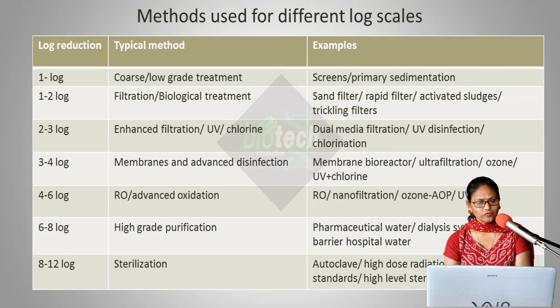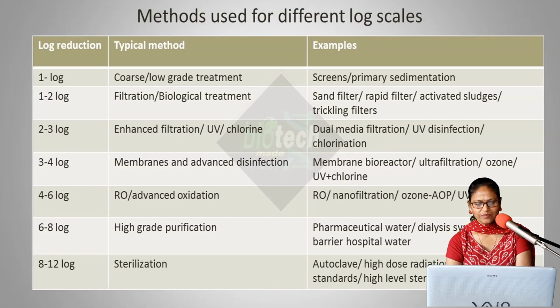When we go for 3 to 4 log, then different types of membranes can be used, and advanced disinfection is the method. Here the examples are membrane bioreactors, ultrafiltration, ozone, UV plus chlorine. For 4 to 6 log, we stick to RO, reverse osmosis, and advanced oxidation. Examples are RO or nanofiltration or ozone AOP, advanced oxidation process, or UV AOP.